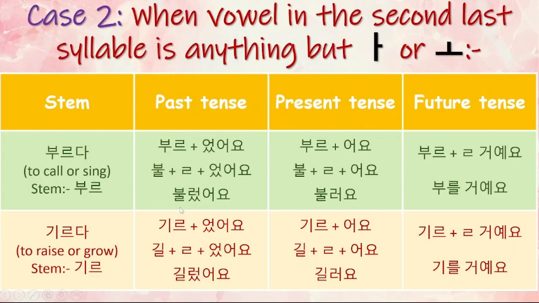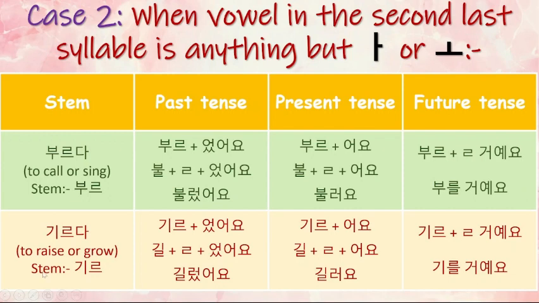So, it will become pulosoyo. Okay, and in the present tense, the ending is oyo, so it will be puloyo. And in the future tense, regular conjugation, it will become purul koeyo.